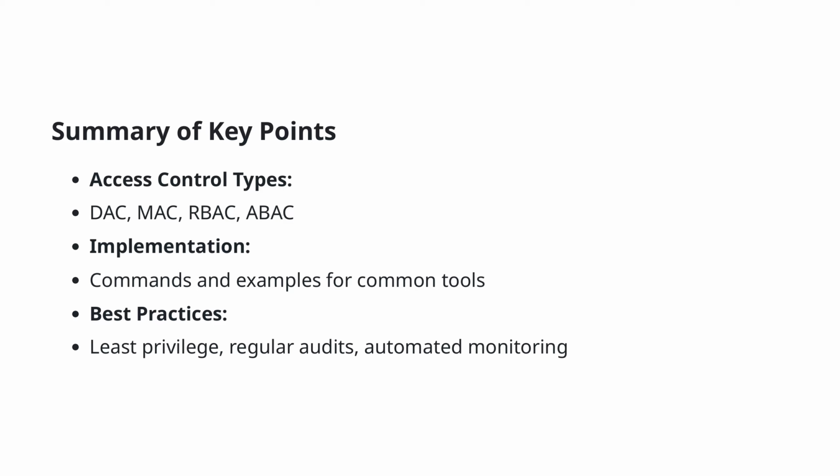We explored how to implement these controls with practical tools like Active Directory, using specific commands to manage users and permissions, such as New-ADUser to create users and Add-ADGroupMember to assign them to groups. Lastly, we touched on best practices, emphasizing the importance of adhering to the principle of least privilege, conducting regular audits, and using automated monitoring to ensure ongoing compliance and security.